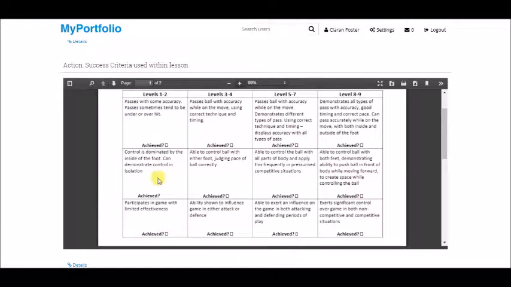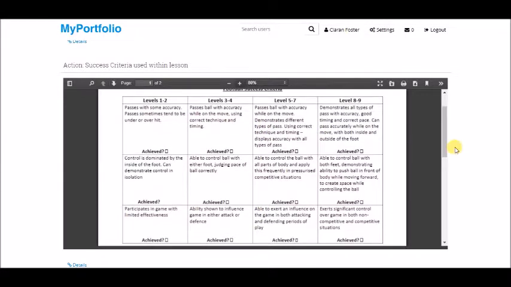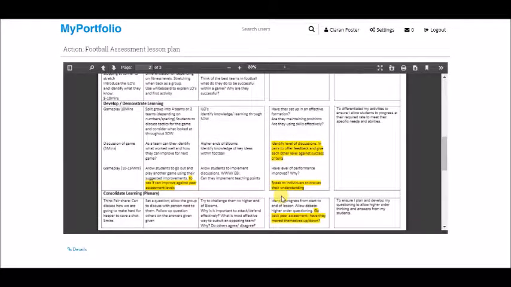If they achieved it, they would put their initials and move on. We did this twice throughout the lesson. One time I let the students have gameplay in the first activity, and then we used a discussion to go through and peer assess what they thought their partner was working on.